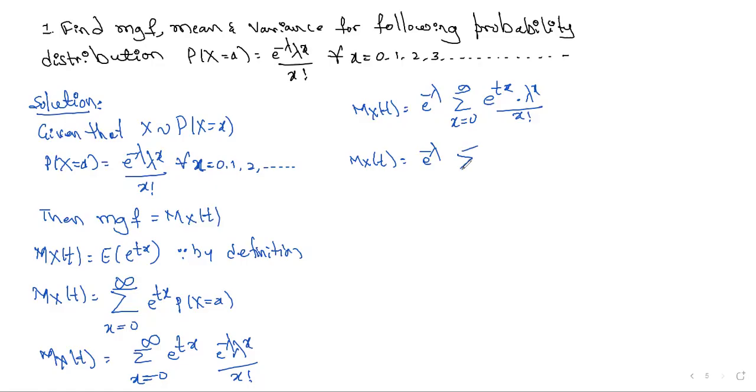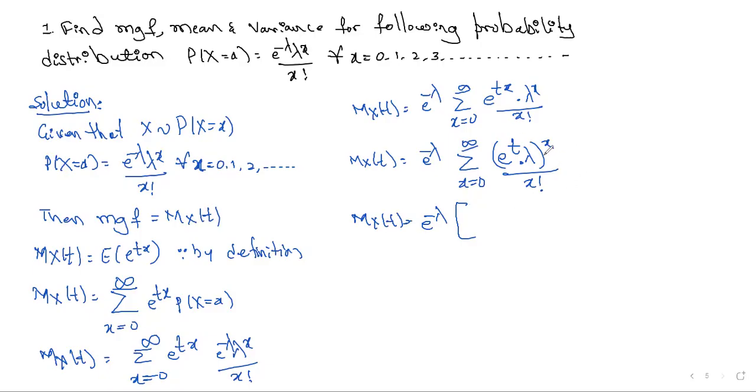If you observe, this x power is common, so I will take e power t into lambda whole power x, divided by x factorial, with e power minus lambda as it is.